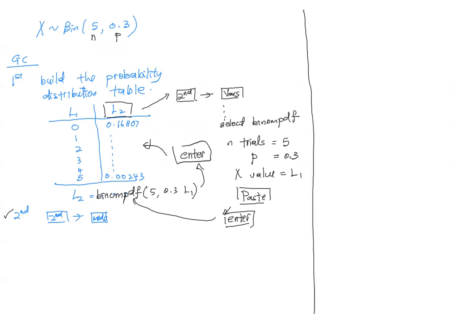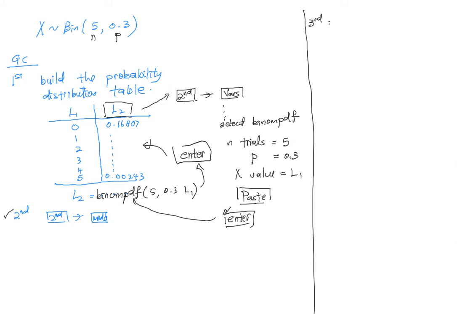I want to get into the third step already. Okay, third step. When I try to enter into L2, I get system error. What is your problem? When I try to enter the binomPDF 5, 0.3, then L1 into L2, I just get an error.